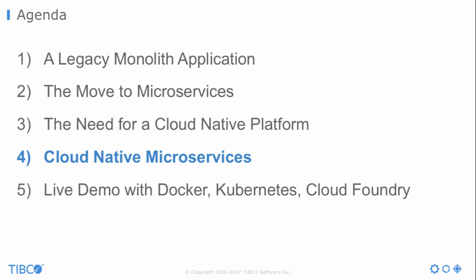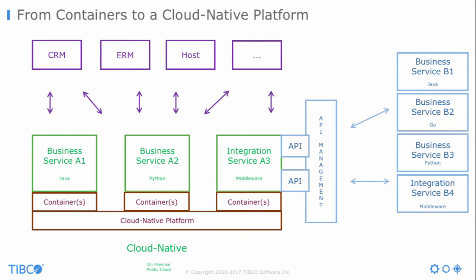So now let's build cloud native platforms with all we have. We have now containers, we have cloud platforms, we have split our monolith up. And therefore, this is now where we want to go in our final evolution. Here now we have one cloud platform, and here we run our containers, which include our microservices, and we expose them via API management to others.